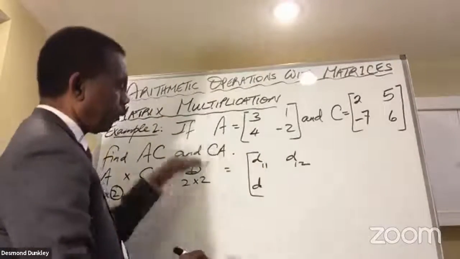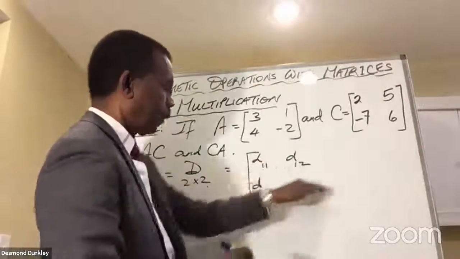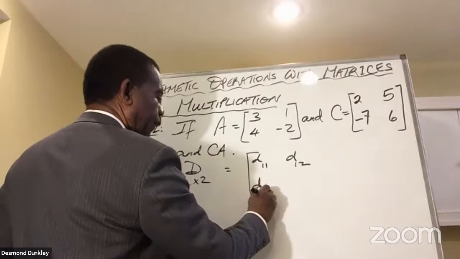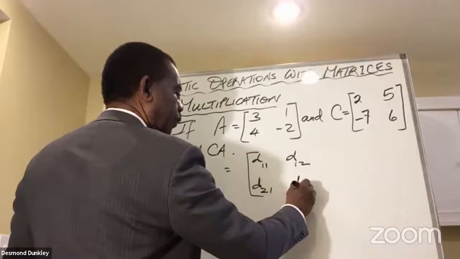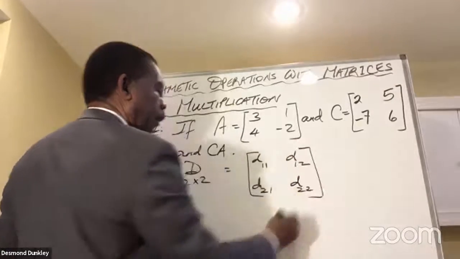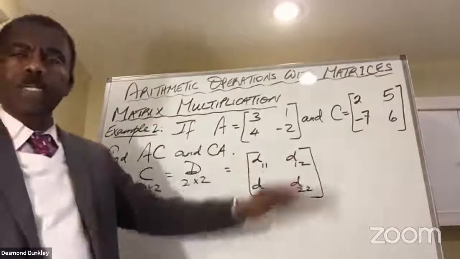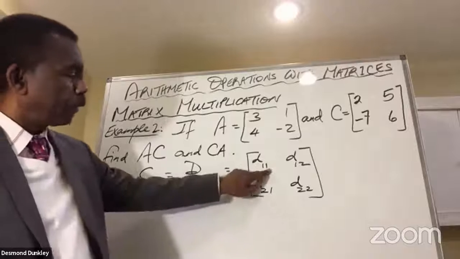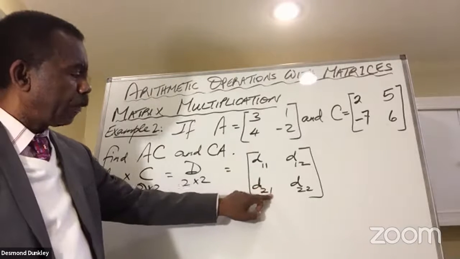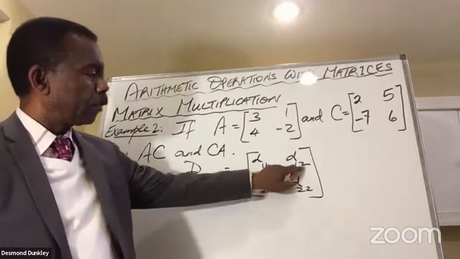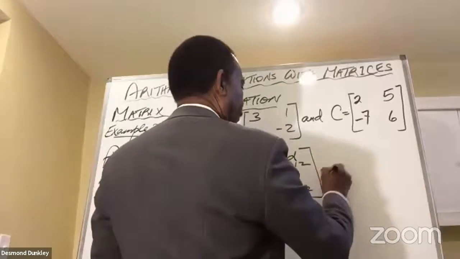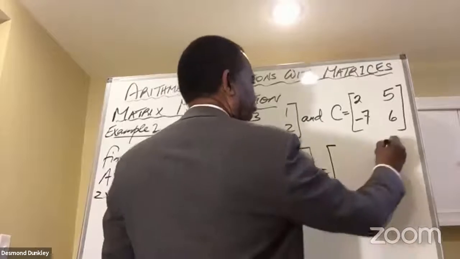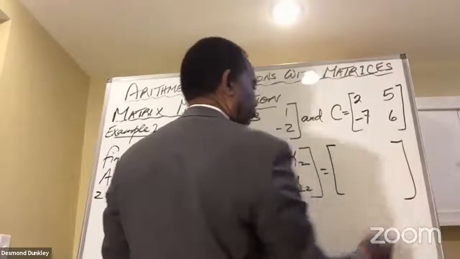This is the second row, first column. Then D is 2, 2. So those are our entries: first row, first column, second row, first column, first row, second column, second row, second column. So now we're going to find these numbers and plug them in.